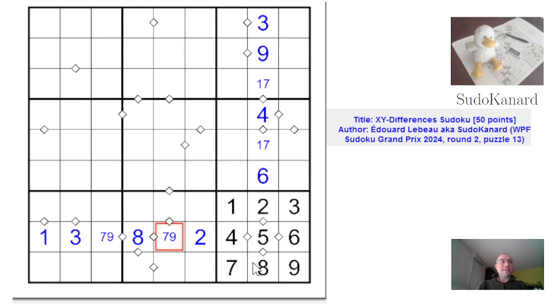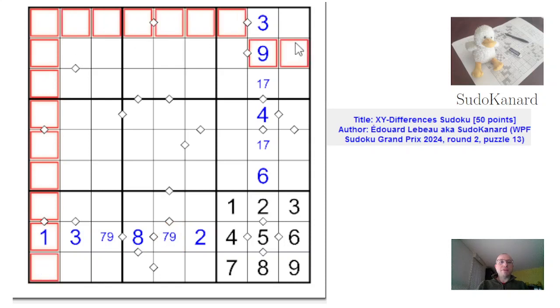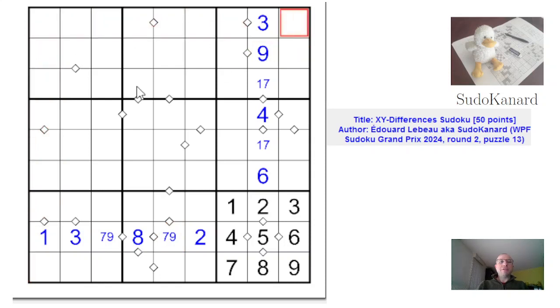Some logic that often appears in those kind of puzzles is that 9 is never the difference between two digits. So on the first column and on the first row, 9 will have to go into cells that are not accompanied by a symbol.